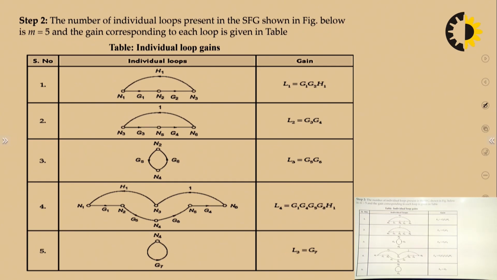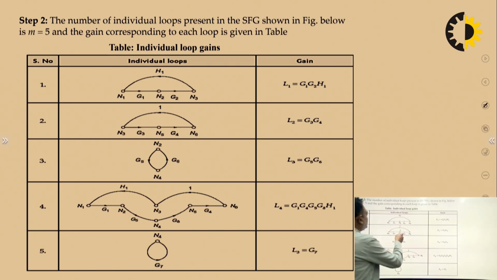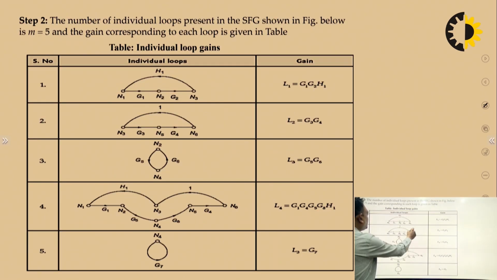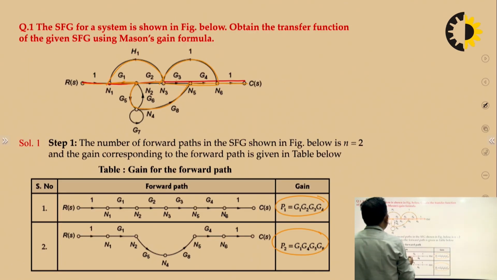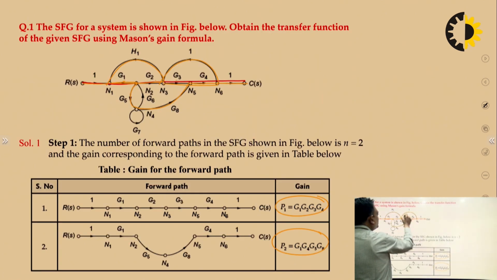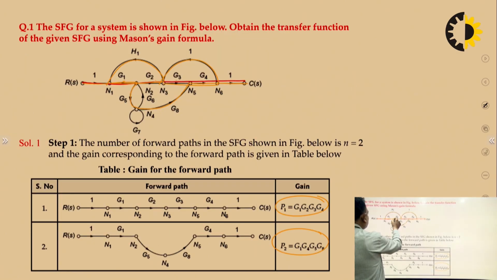Now we will see how many loops are present. You can see one loop is this, G1, G2, H1, and this is another loop. The transmittance of the first one is G1, G2, H1, the second one is G3 into G4, and the third one is also a loop, with transmittance G5, G6.